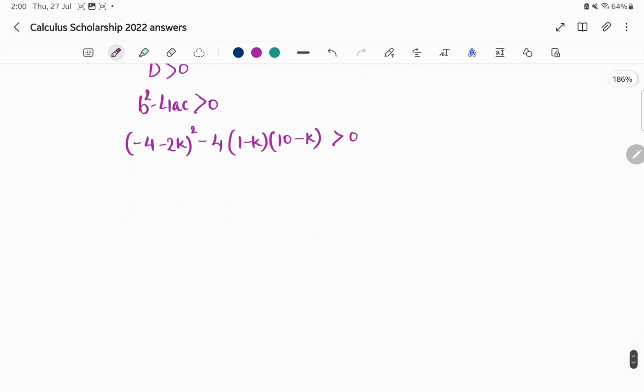Now let's do the squares. Minus 4 squared is 16, minus 2 times a times c gives 16k.